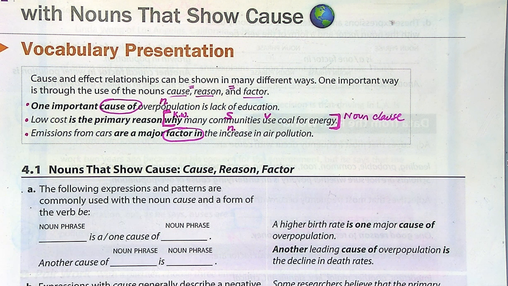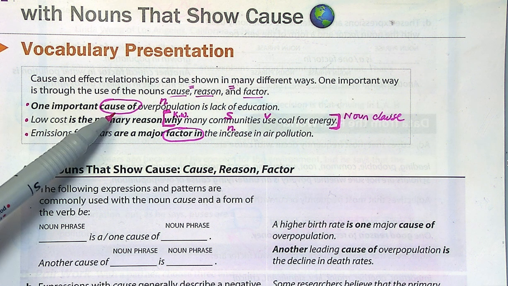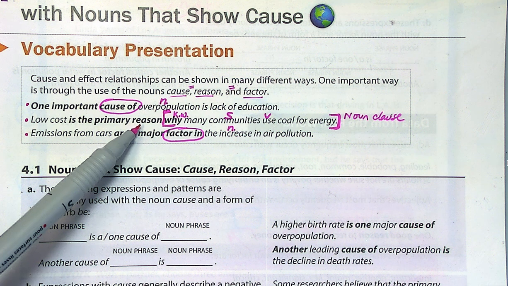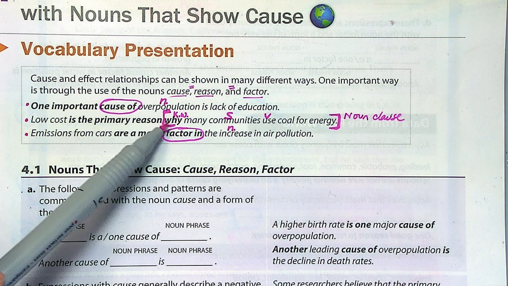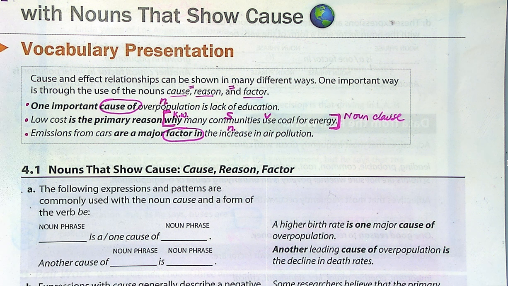In this case, you should try to learn the word cause as cause of. And then reason is reason that, or reason why. Usually it's reason why or reason that.